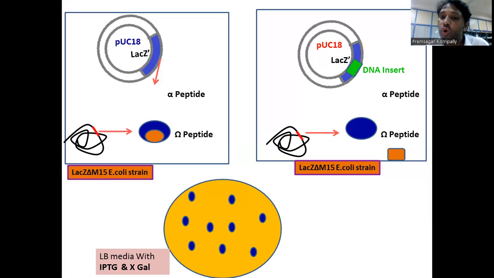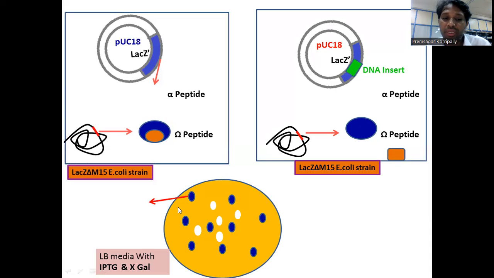Then there is no functional tetrameric beta galactosidase when the E. coli strain is transformed with the vector plus insert. So these kinds of E. coli cannot metabolize the X-gal. So the colonies look white in color when you grow them on a media with IPTG and X-gal.